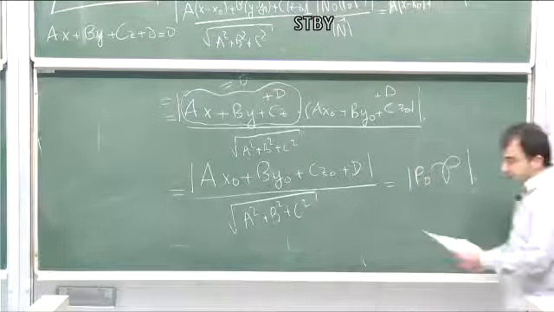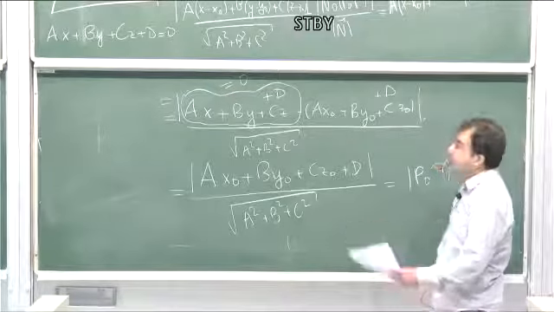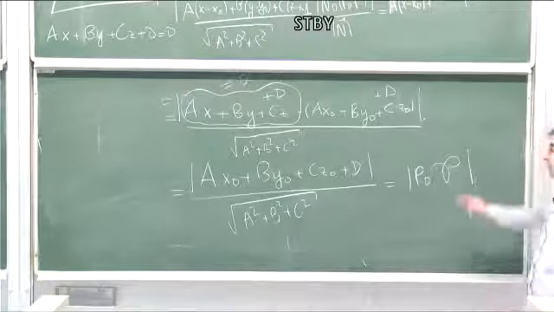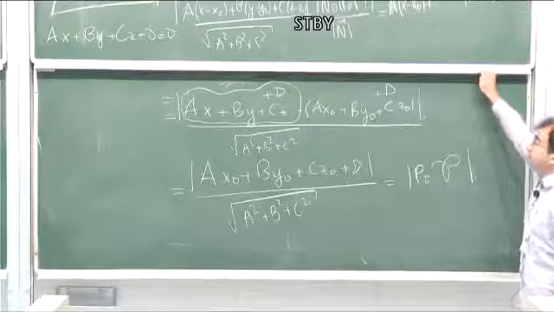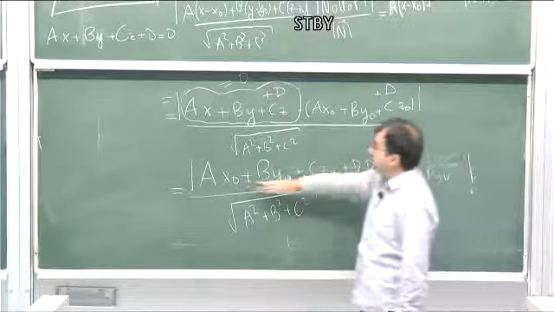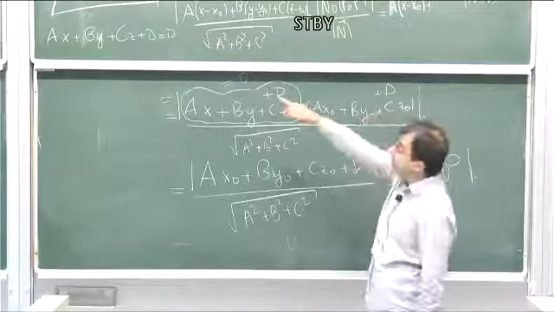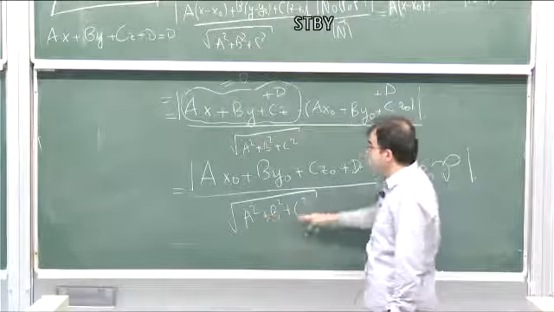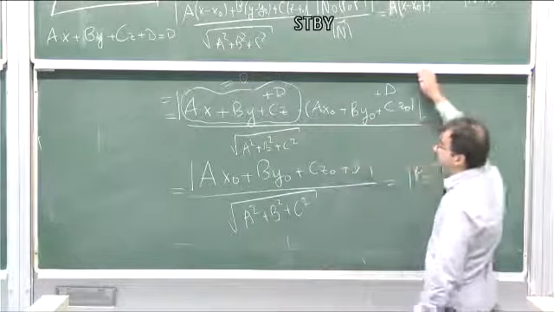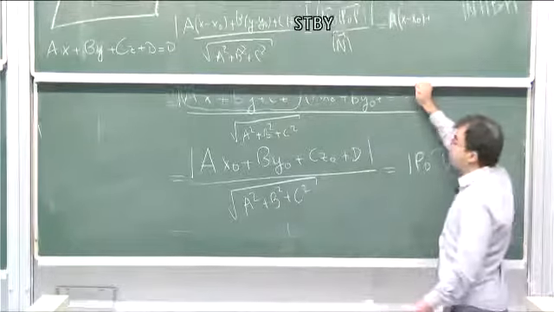So we got this neat formula that gives us this distance. All we need is to put this point P0 into the equation of the plane and then divide by the length of this normal vector. It doesn't matter which normal vector we use.